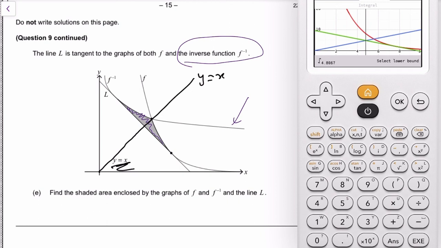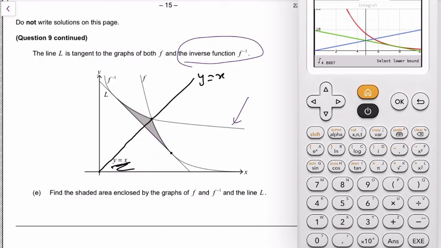Somehow, I don't know why that line is missing. Alright, and f inverse is the reflection of f along the line y equal to x. So it should be quite clear that this red area is the reflection of the area we just found.